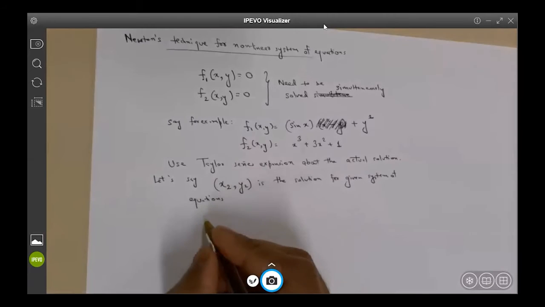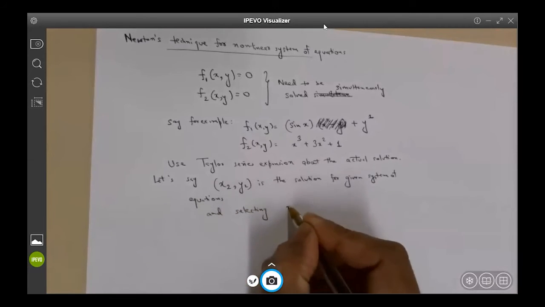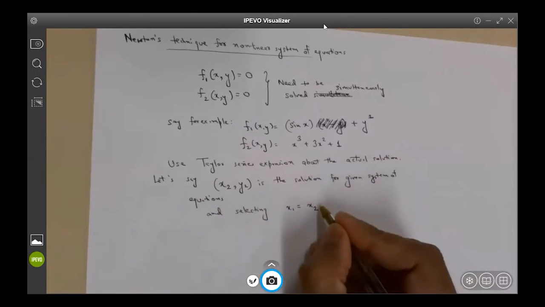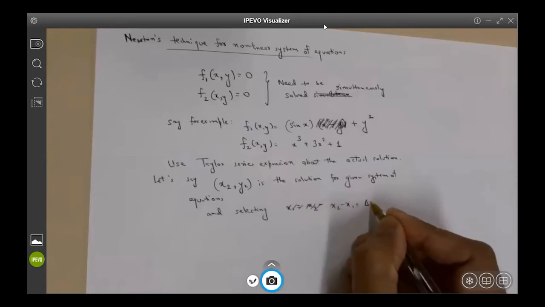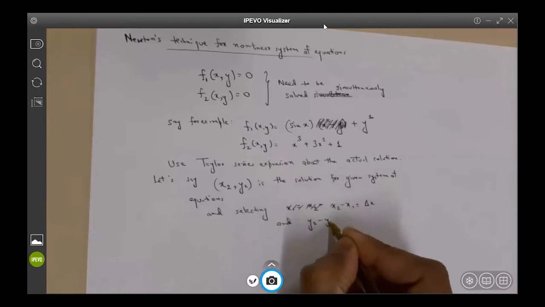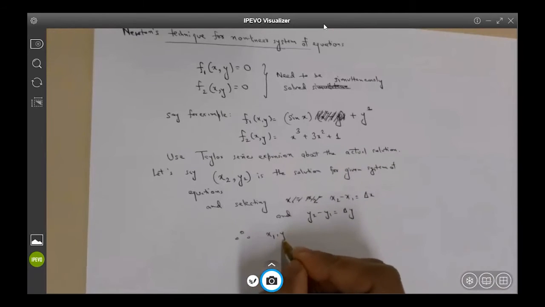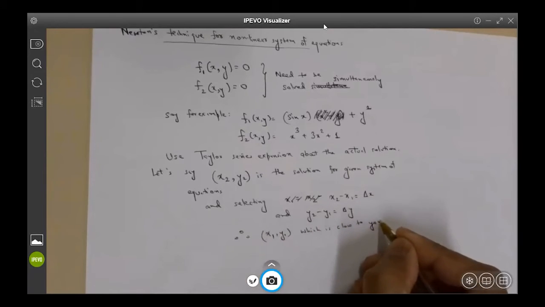If that is the case, then if I select x2 minus x1 as delta x, and where x1 and y1 are the two points which are close to your actual solution.